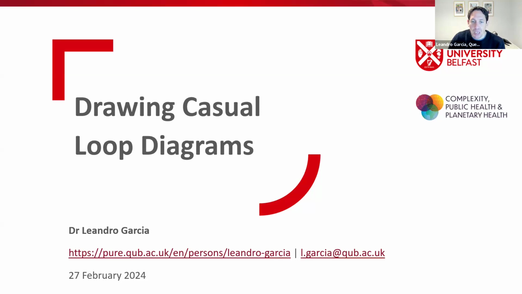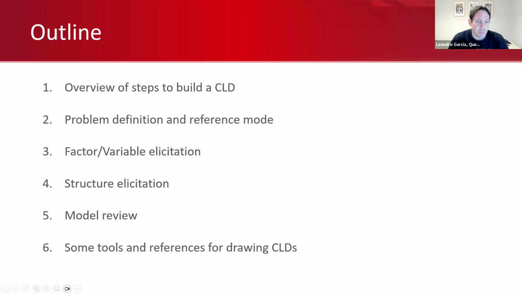In the next 40 minutes or so, I'd like to talk with you about a few steps that we usually take when thinking about and drawing a causal loop diagram. I'll first walk through an overview of these steps. Then I will talk about problem definition and reference mode, which is the first step for building a CLD.